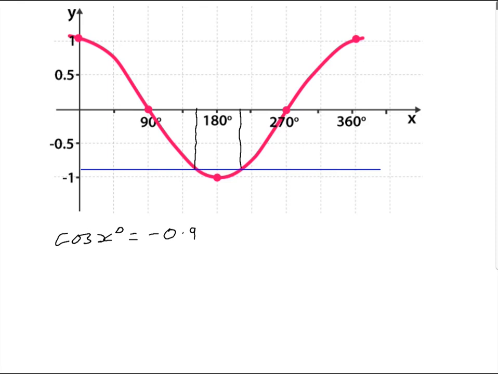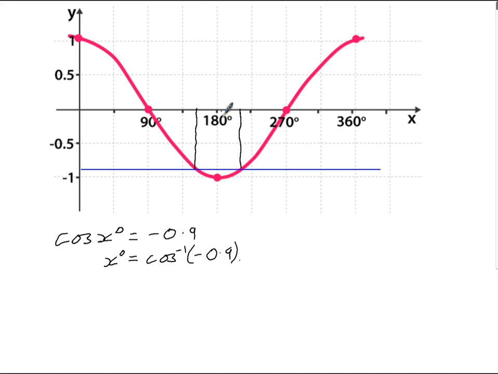Okay. Now, when you have negatives like this and you take the inverse of them, your calculator tries to do some funny things. But because we're trying to find this other solution, something we can do that actually really helps. We can take advantage of the symmetry. So cos minus 1 of minus 0.9. So the shape of the top half and the shape of the bottom half are exactly mirror images of each other.